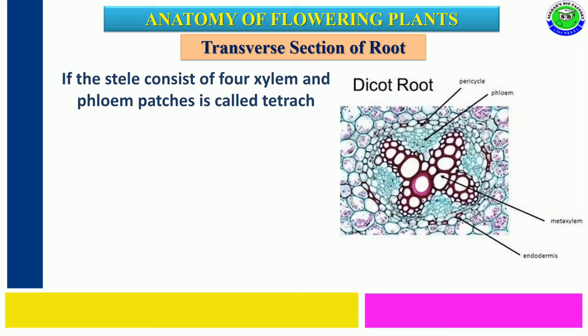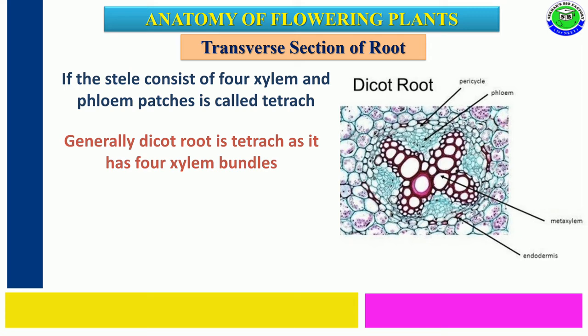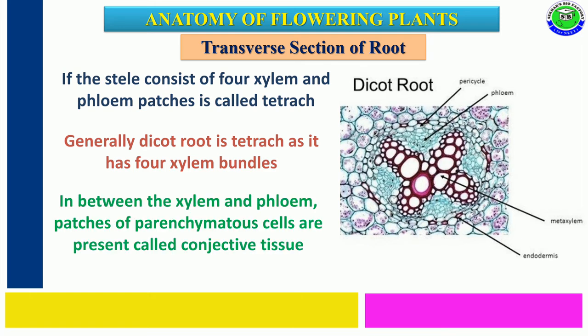But in most cases, the stele consists of 4 xylem and 4 phloem patches, called tetrarch condition. So generally dicot root is tetrarch as it consists of 4 xylem patches on radial walls alternate with the phloem.